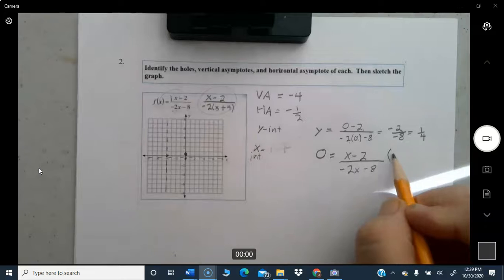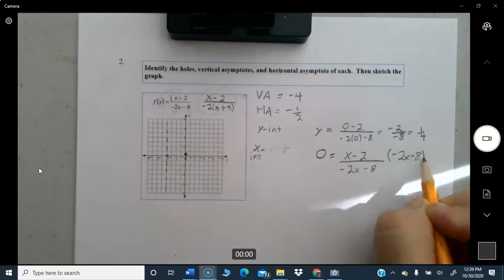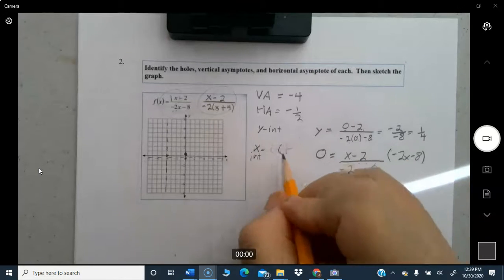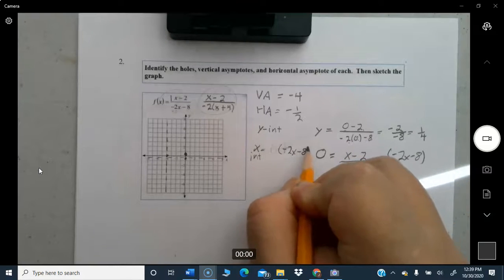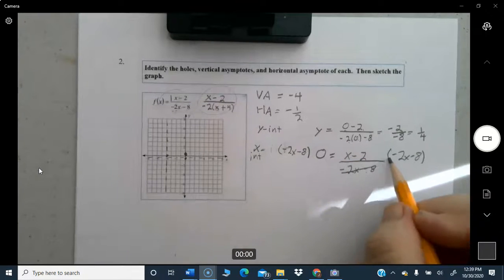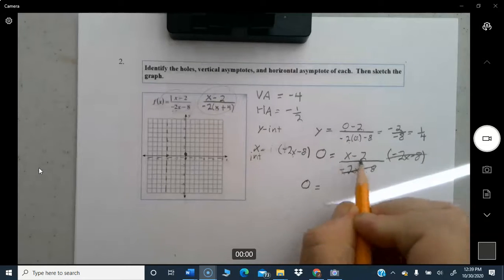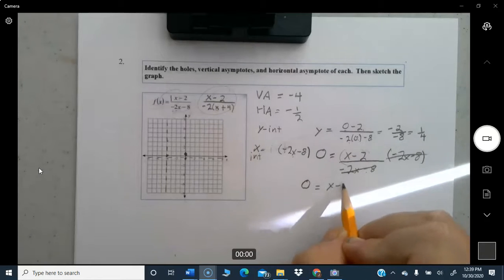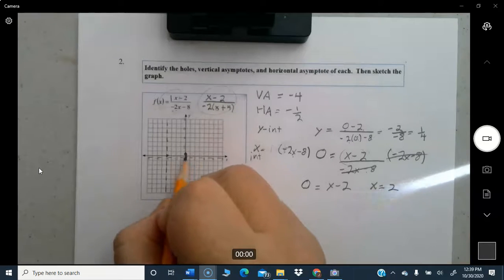We just multiply both sides by what's in the denominator. This cancels with this, and 0 times this is 0, so it becomes 0 equals just the numerator. So x equals 2, and that's right here.